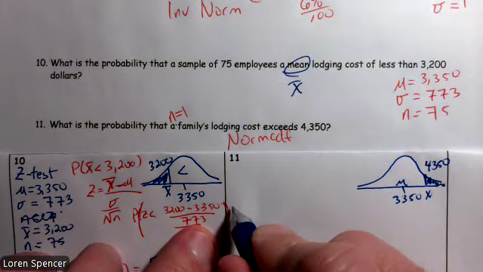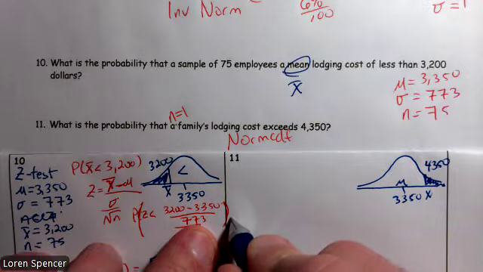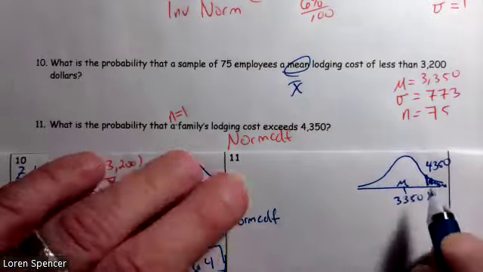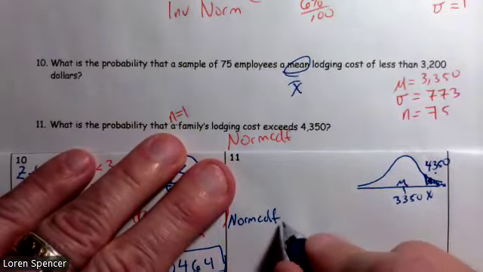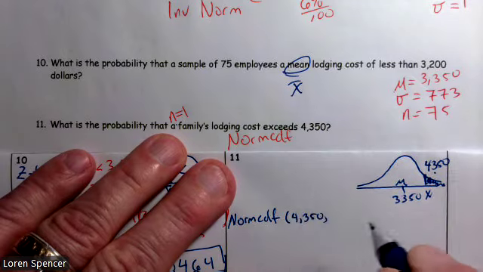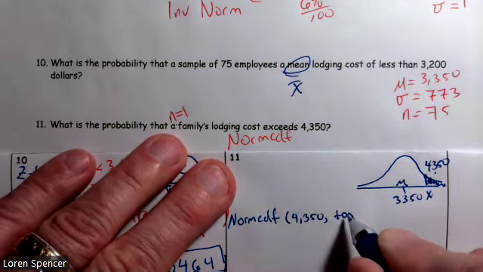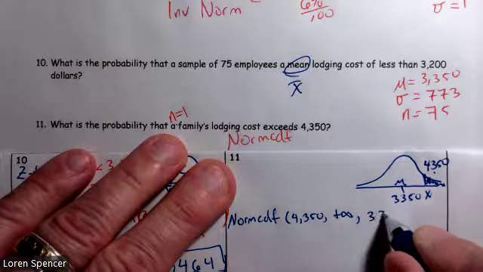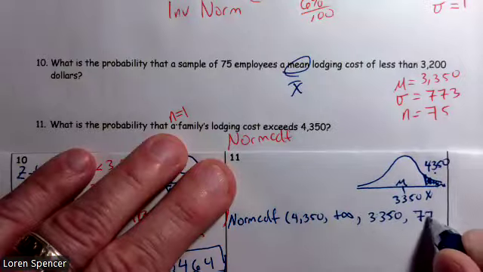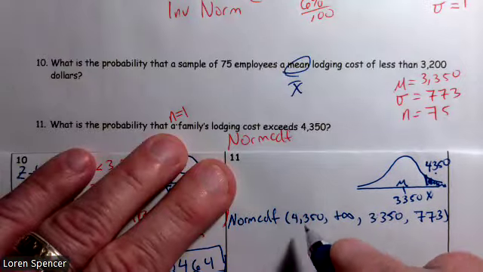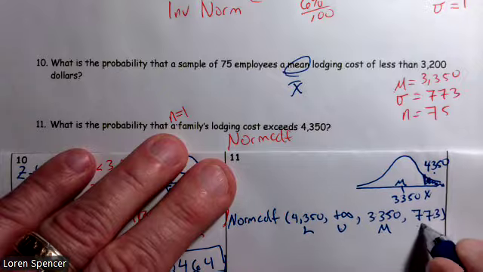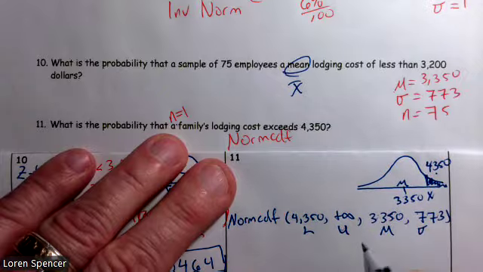All right, this will be a norm CDF. It's going to ask for my lower bound. My lower part of my shading is 4,350. The upper bound's positive infinity. The mean is 3,350, standard deviation 773. That's my lower, my upper, my mean, my standard deviation. We call that the LUMO.